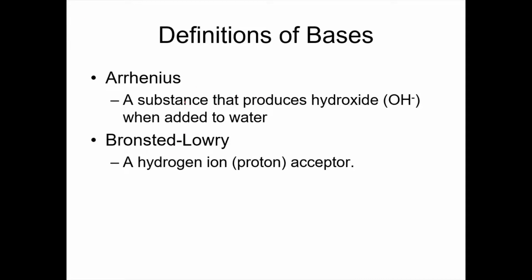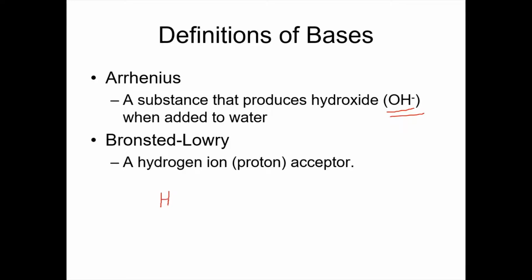The Arrhenius definition is that a base is a substance that produces hydroxide ion when added to water. So here's your hydroxide ion. And how does this work? If something is a hydrogen ion acceptor, why would it produce hydroxide ion? Well, because when you add it to water, well, water is H2O, right?